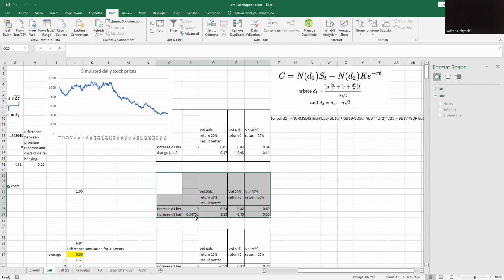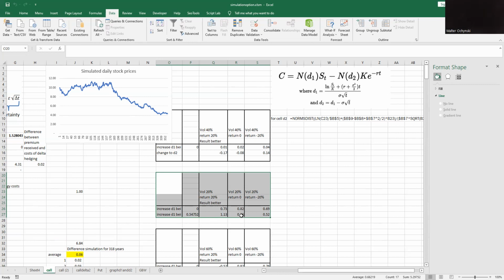And it came out that if I would increase D1 by 0.54752 and then calculate, I would obtain better results. Yes, but not in every case. I would obtain better results when the return would stay at 20%. So the results would be $1 better.